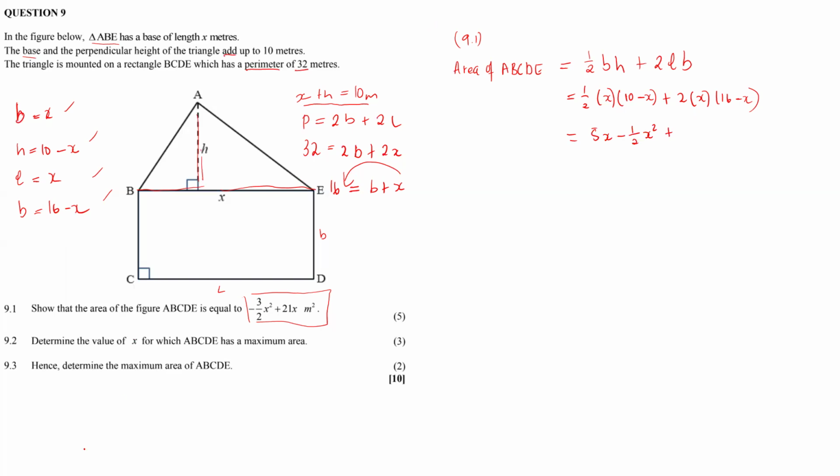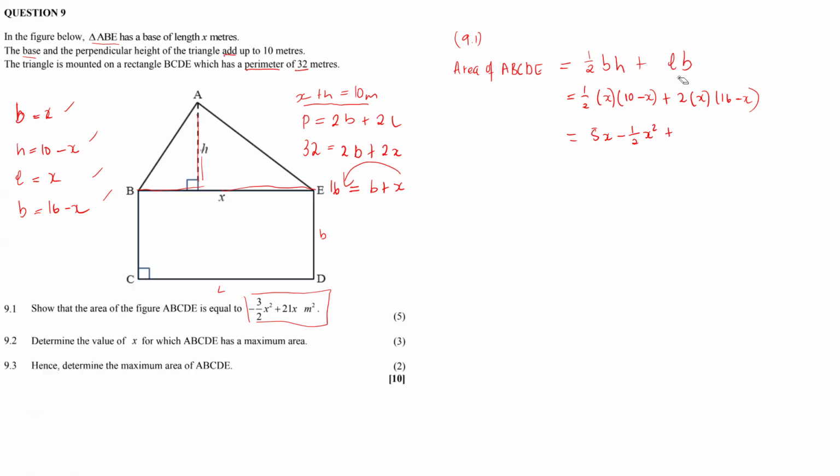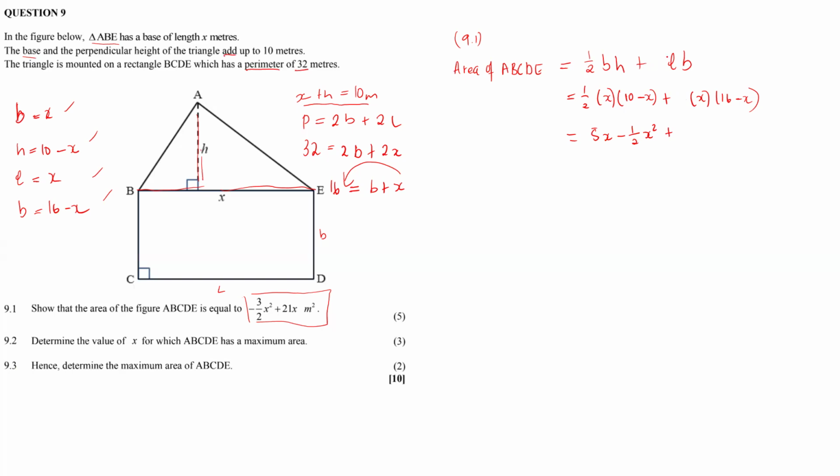Oh, I made a mistake. The area of a rectangle is not 2LB, it is LB. So we don't have 2 over there. Length multiplied by breadth, that's the area of a rectangle. So meaning we're going to have x multiplied by 16, that will give us 16x. And then x multiplied by negative x will give us negative x squared.